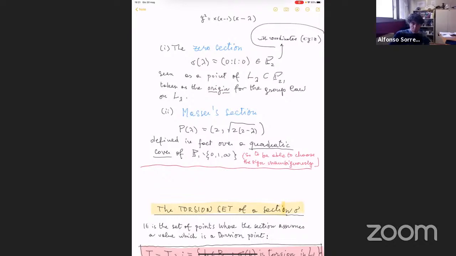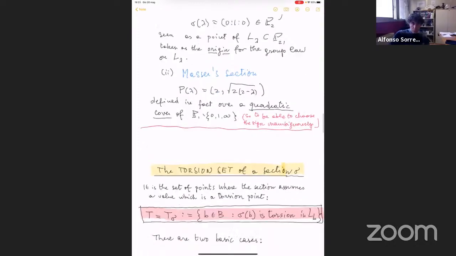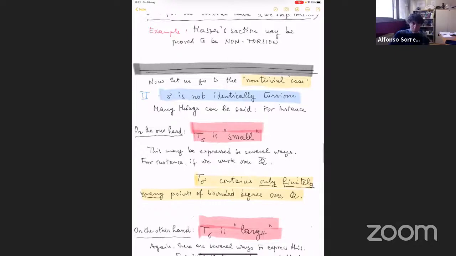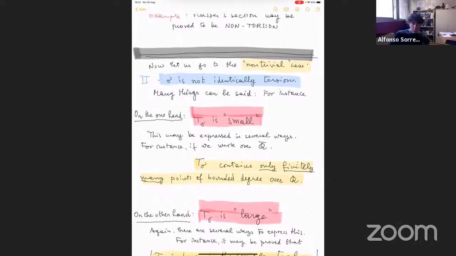So there are only finitely many quadratic irrationals such that P of lambda is torsion. So this is a measure that the set is not so large, because we have finiteness as soon as we prescribe some bound on the degree.